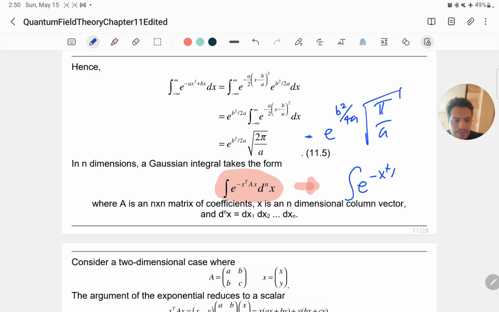So A there is an n by n matrix, and you have there the coefficients, and your d^n x would be just the product of all the dx's.